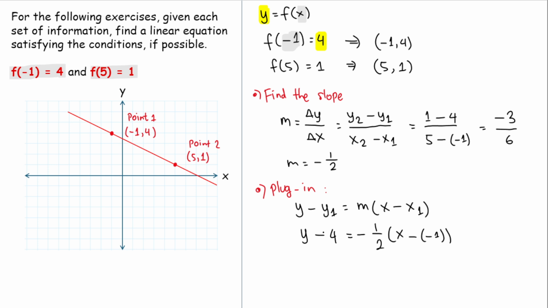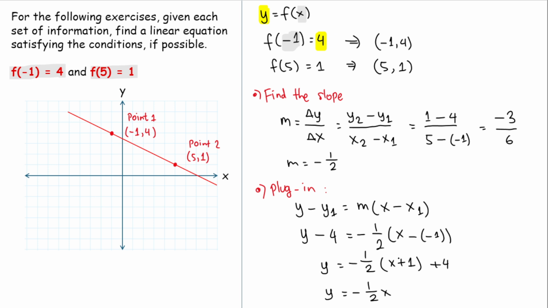Good. Now let's add both sides by 4 here. So I'll have y minus 4 plus 4 cancel each other, and so we'll have minus 1/2 multiplied by (x plus 1), and then plus 4. Good. And so we will have y is equal to minus 1/2 of x.